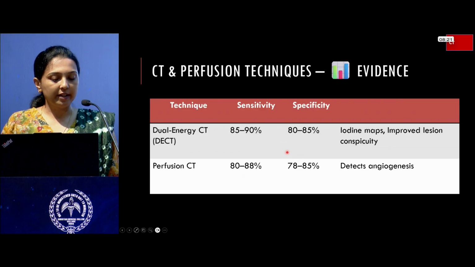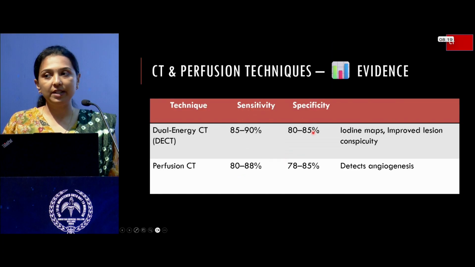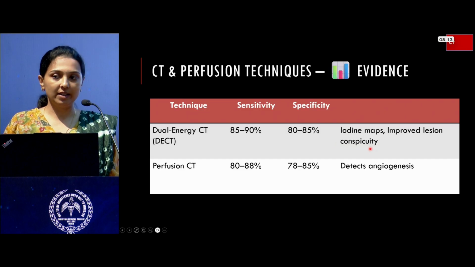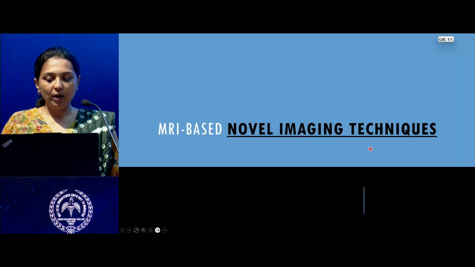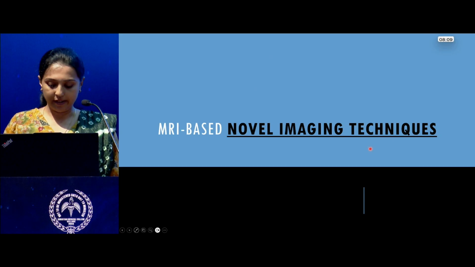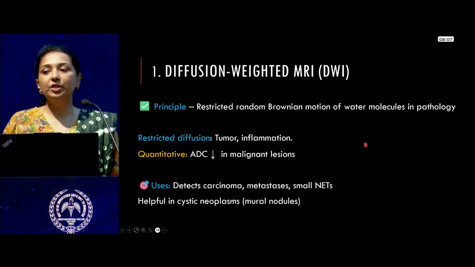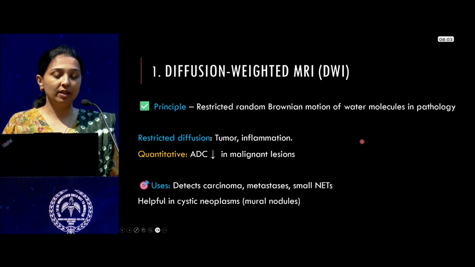Now both these techniques have a very good sensitivity and specificity of 80 to 90% and therefore have considerable promise in pancreatic imaging. Now let us move on to the MRI based techniques. The most important and useful technique as of now, that is also regularly being used, is diffusion weighted MRI.